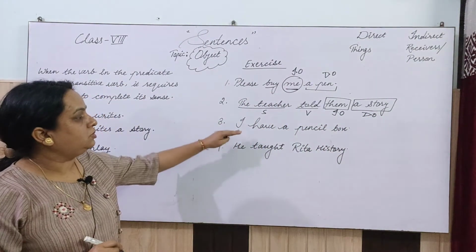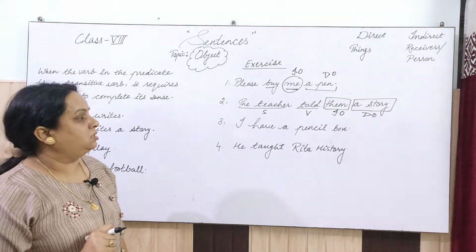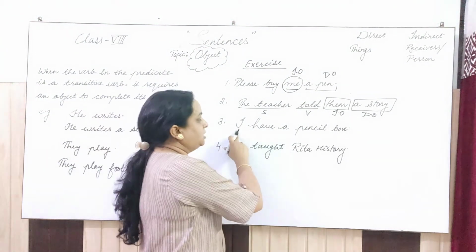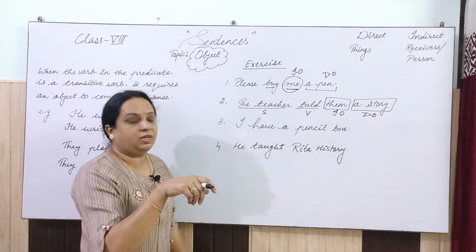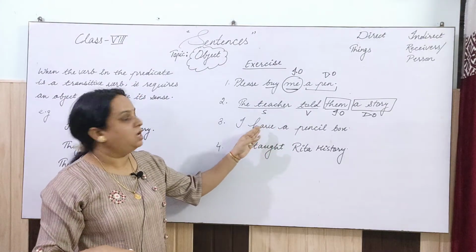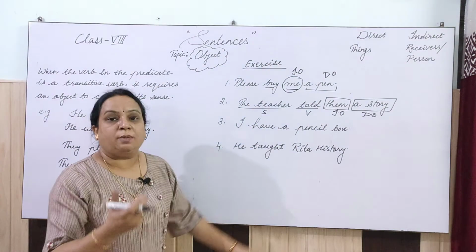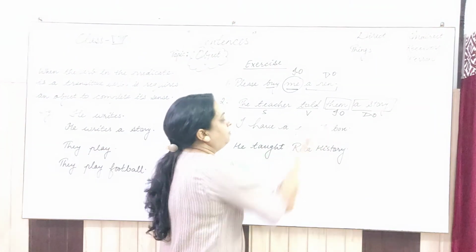Right? I have a pencil box. Now I is subject, have is the main verb here, helping verb actually, but it is acting as a main verb, right? So I have, it is showing the possession, so that is working as a verb here. A pencil box.